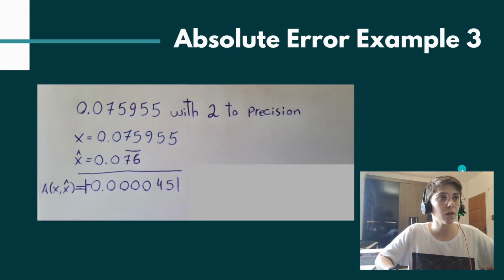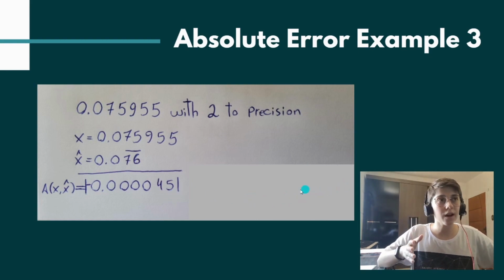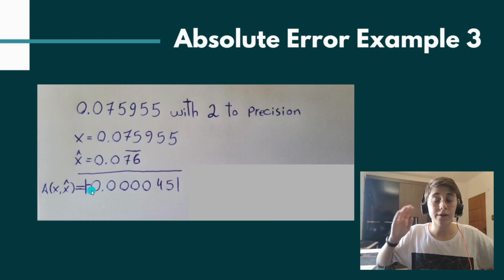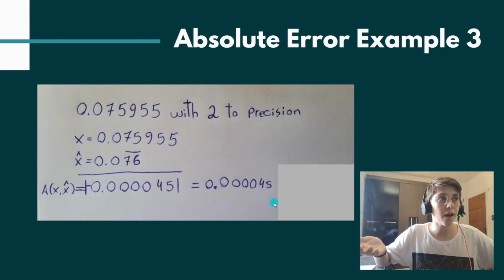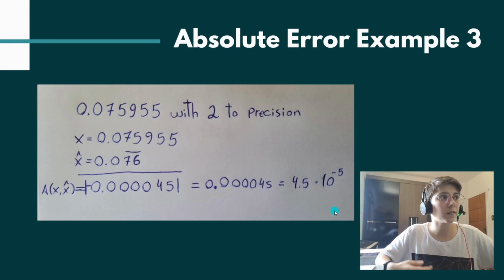So if we calculate the difference, we will find 0.000545, and here we have a negative example, so we can't forget the modulus, and this gives us the same value but positive. Also we can read this as 4.5 multiplied by 10 to the exponent -5.